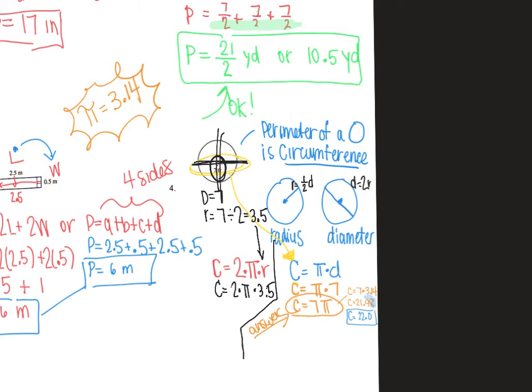So this is pi, and then I can multiply the 2 and the 3.5. The 2 and the 3.5 give me 7. And again, I have 7 pi. So you notice you get the same answer either way. Similarly, I can take 7 and times it by 3.14 to get my decimal answer, which would ultimately be C equals 22.0.